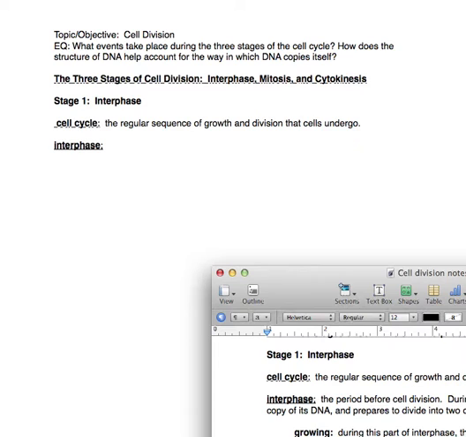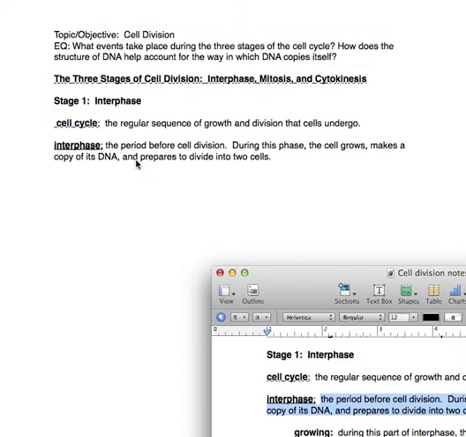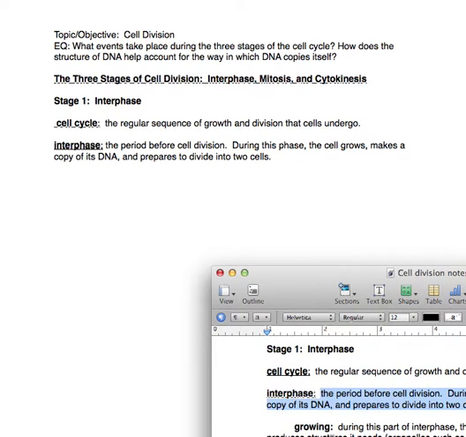During interphase, this is the period actually before the cell divides, and during this phase, the cell grows, makes a copy of its DNA, and prepares to divide into 2 cells. So interphase is the period before cell division where the cell grows, makes a copy of its DNA, and prepares to divide into 2 cells.